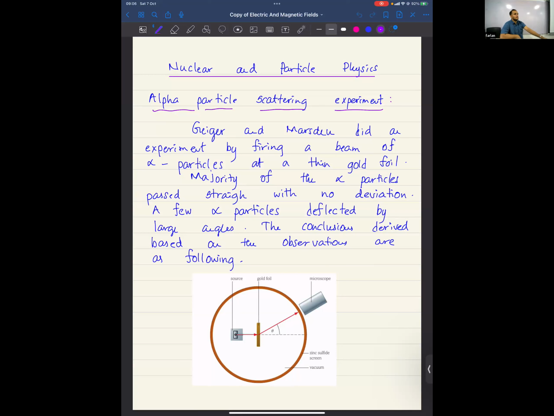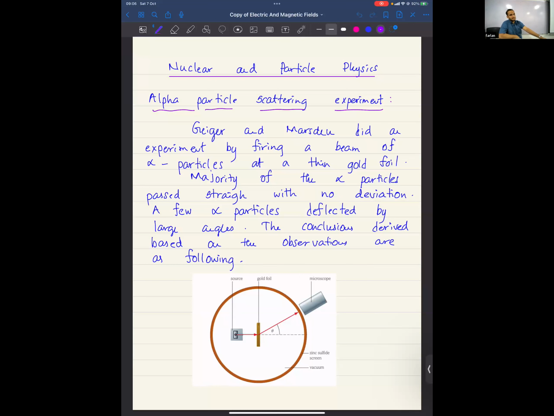Protons and neutrons are in the central region, known as the nucleus of the atom, and electrons orbit the nucleus. That is what you know about an atom. So how did you get to know about it? That is through the experiments which were done back then.